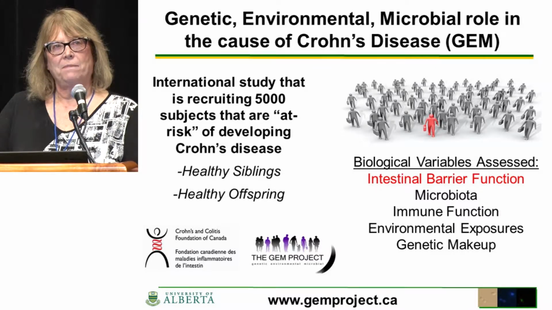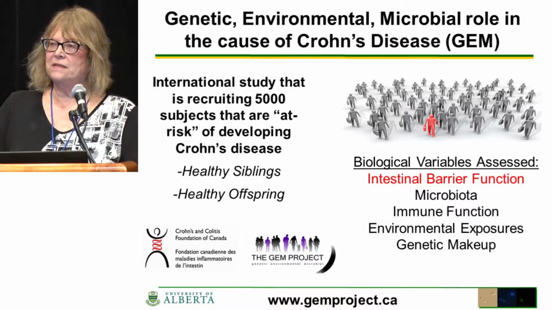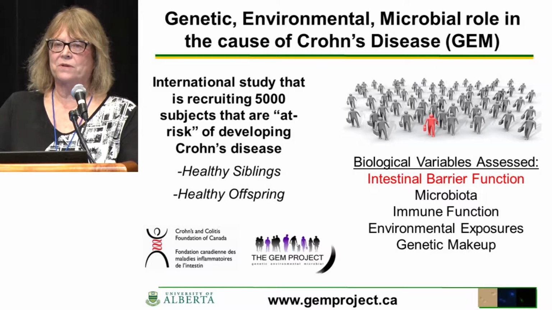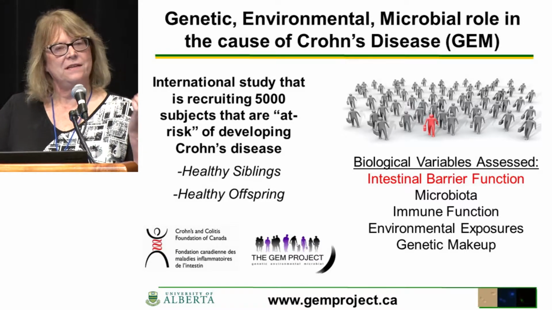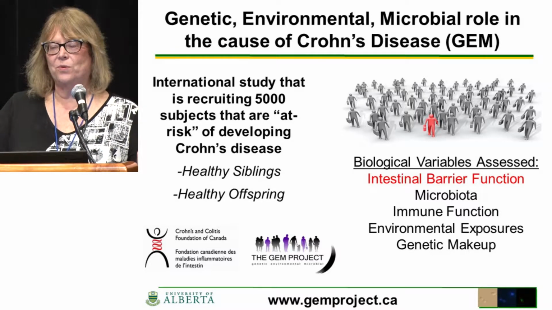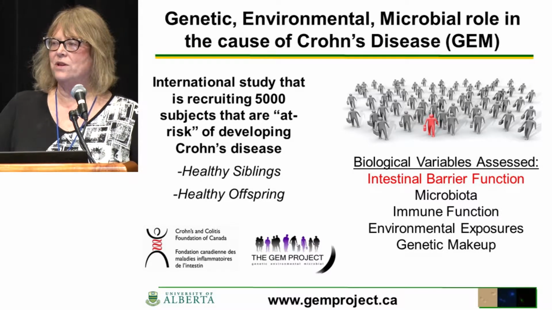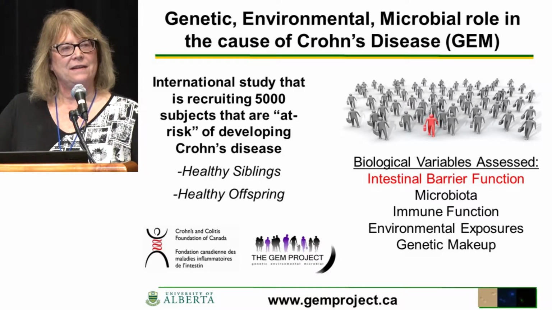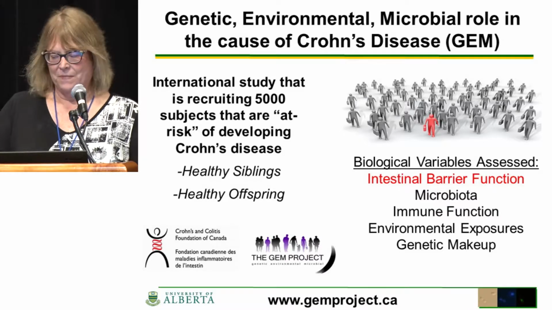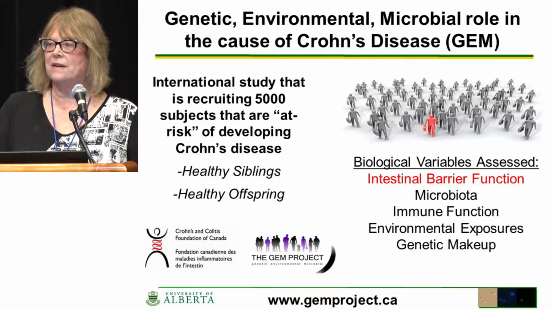So now I think we have about 60 patients who have developed Crohn's disease in this cohort. This year we're going to be starting to look at what is different about those 60 individuals compared with the ones who did not develop Crohn's disease. This is the only way you can study this question in people, and you need large cohorts and long periods of time.